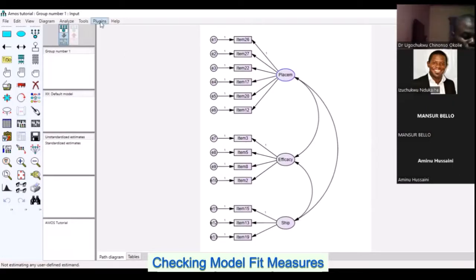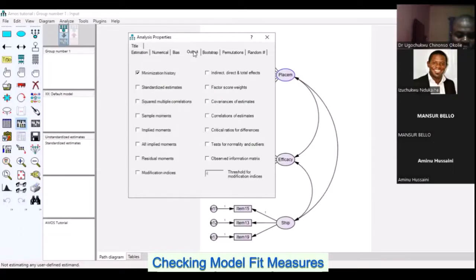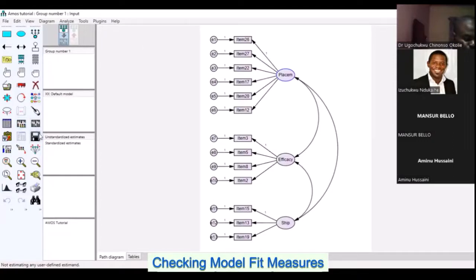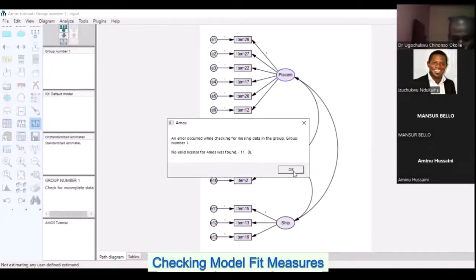So I will go to the output, select the standardized, and then select the modification indices, okay? And then I will close. Now, I will save, and then I will try to run AMOS. Let's hope it runs. Woohoo!